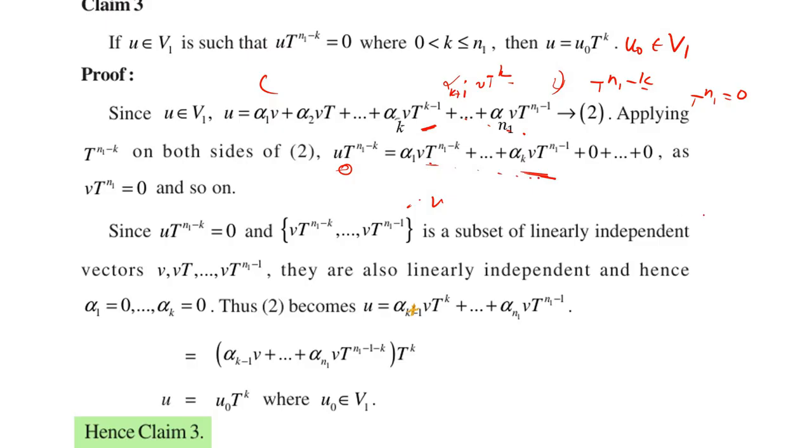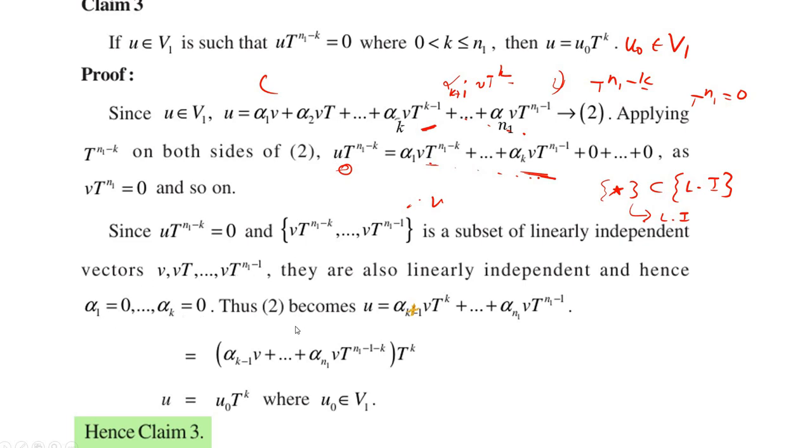Whenever you have a linearly independent set of vectors, and you consider a subset, what can you tell about that? A subset of linearly independent vectors is again linearly independent. So we have these vectors to be linearly independent, and so the linear combination equated to 0 should give the scalars to be 0.